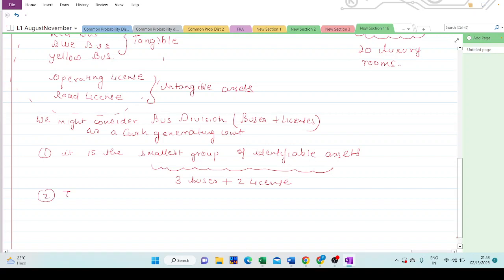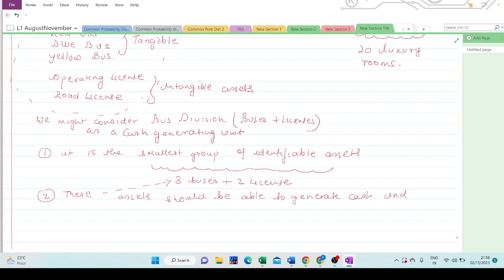These assets should be able to generate cash independently. And yes, these three buses and two licenses combined are generating cash independently, right?